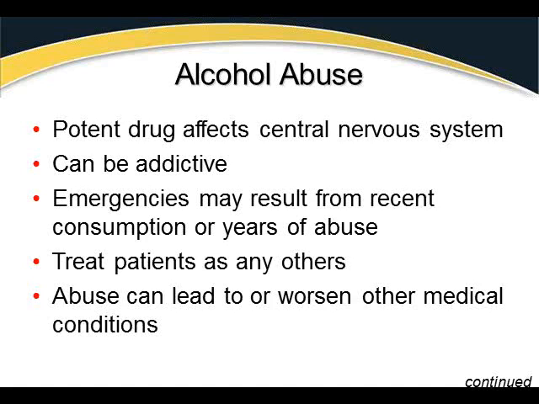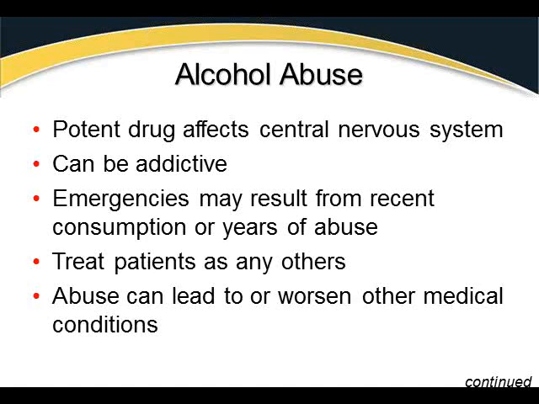The long-term effects of alcohol lead to hepatitis, cirrhosis, and so on. Even delirium tremens, where people are trying to quit alcohol and are now in withdrawals. That's really an acute emergency, although it happened from years and years of chronic abuse. We're going to treat these patients as others.